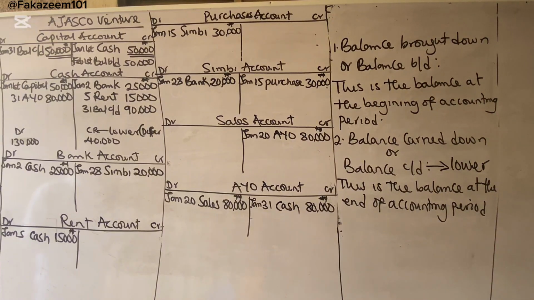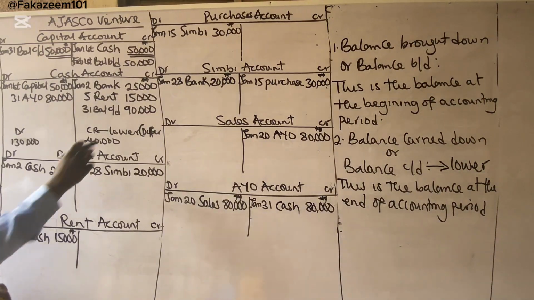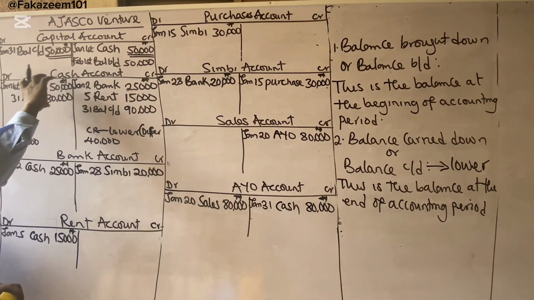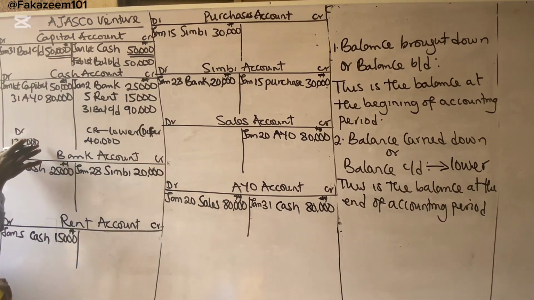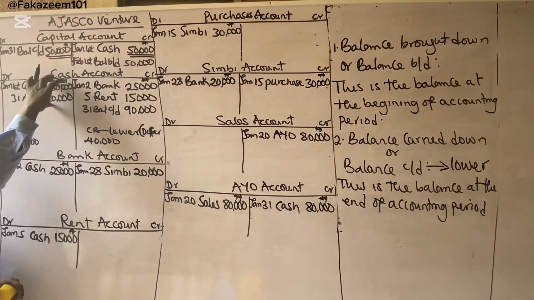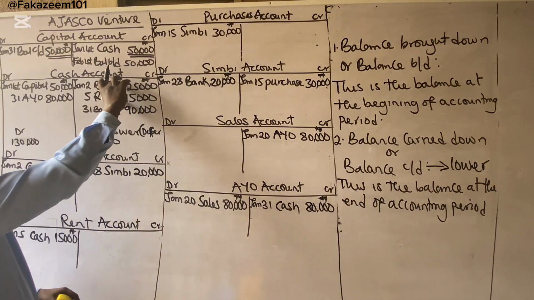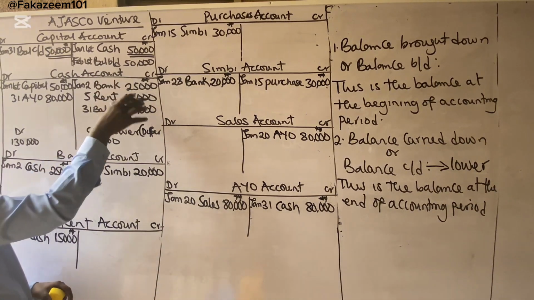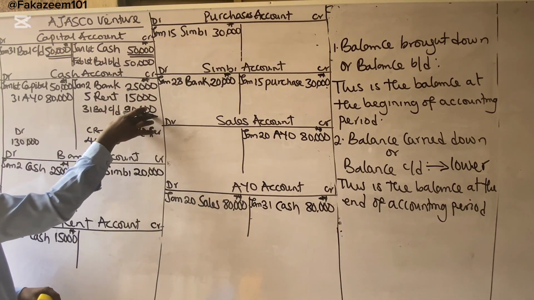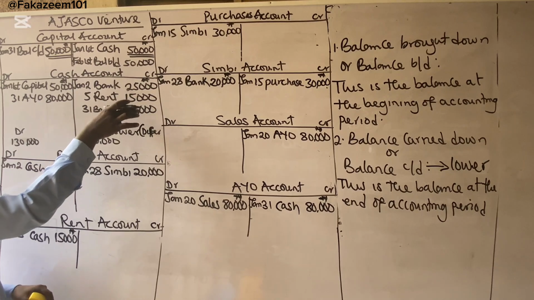What this means is that in the month of January, they are able to get a total cash of 130,000, and they are able to spend 40,000 out of it. Meaning, they are left with 90,000 naira cash in the month of January.